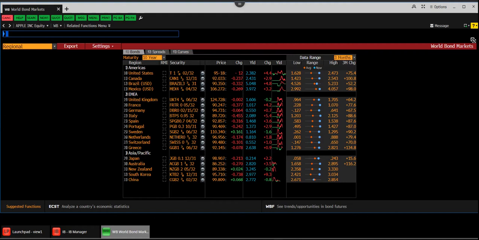So this page allows you to see what the world bond market is like. You have the United States, Americas, EMEA, and Asia Pacific.